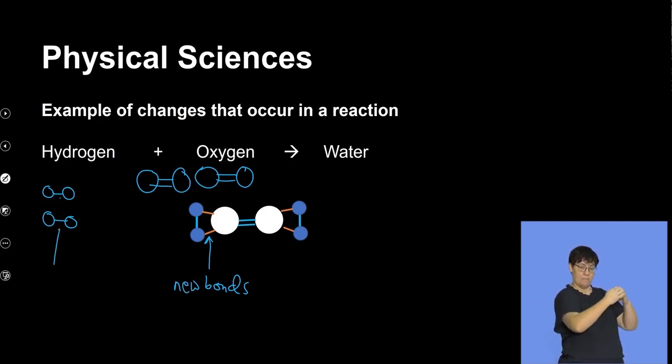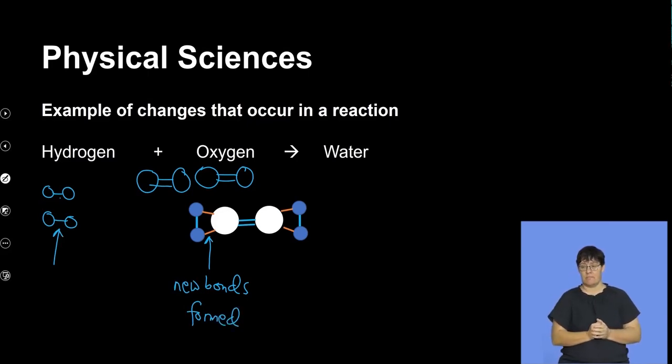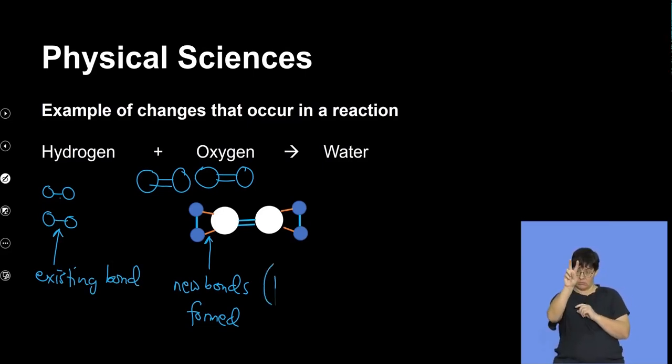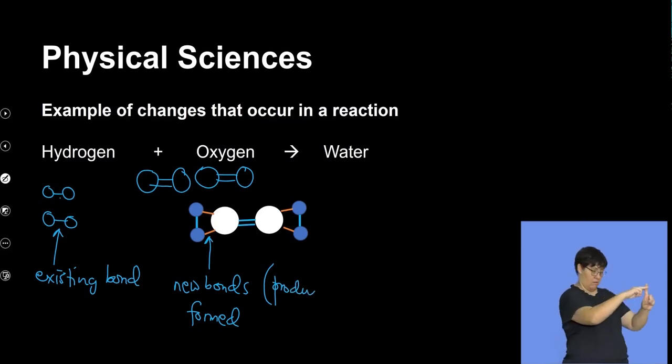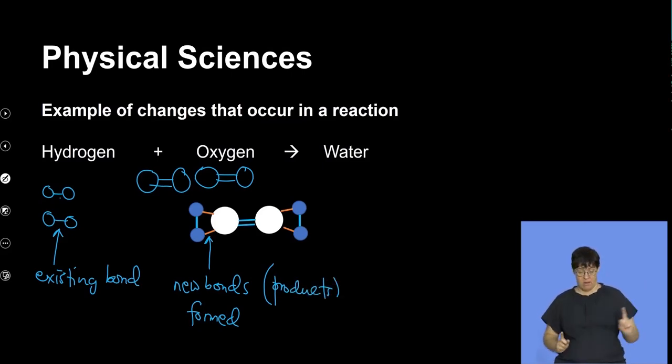Now, bonds that are broken and bonds that are formed. Existing bonds are between particles of the reacting substances, and new bonds are part of the products. So the existing bonds are in the reactants.